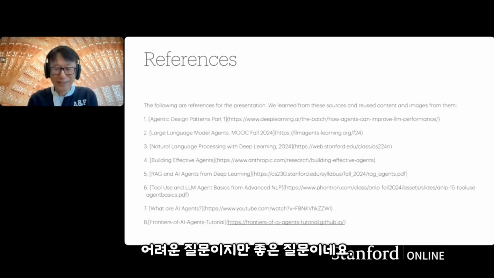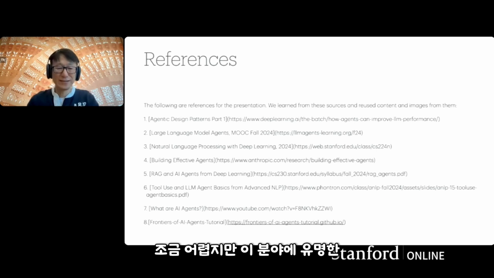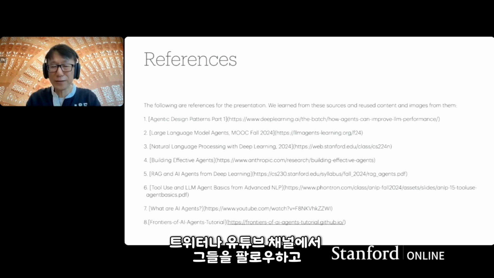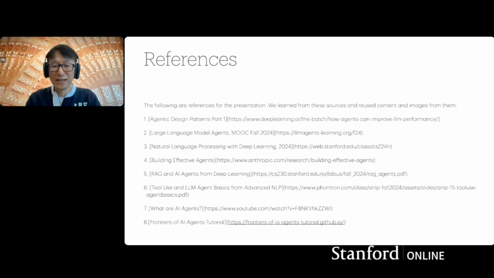Difficult question, but great question. It's a little hard, but I picked some experts who are known in this field. I follow them either on Twitter or their YouTube channels, and from there I get more updated information and then do my own digging.